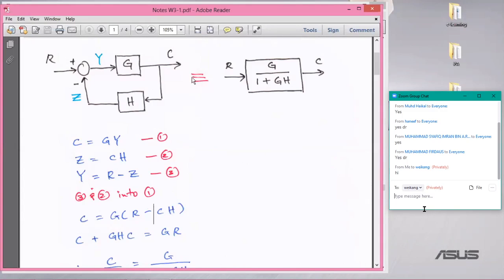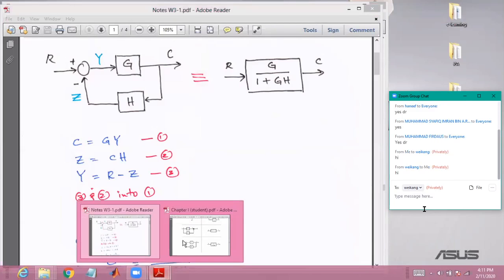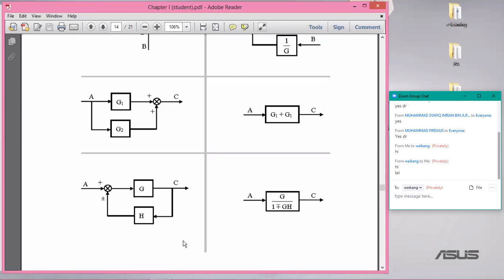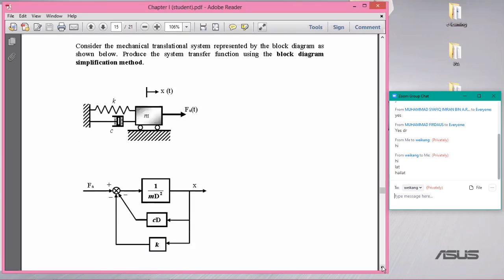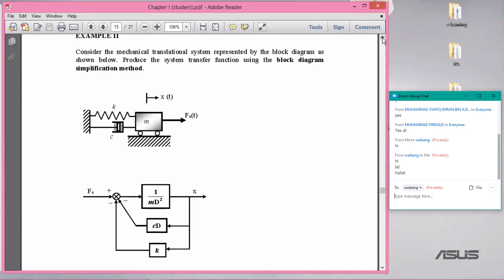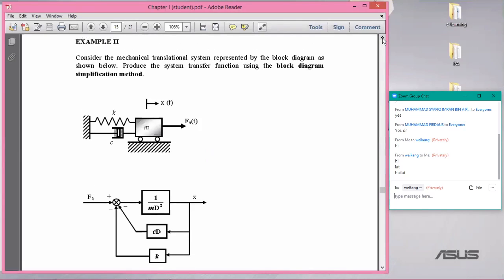So we are going to use the table that we have discussed before when we want to simplify our block diagram. Now let us simplify some block diagrams to get the transfer function. Okay, let's take a look at Example 2.